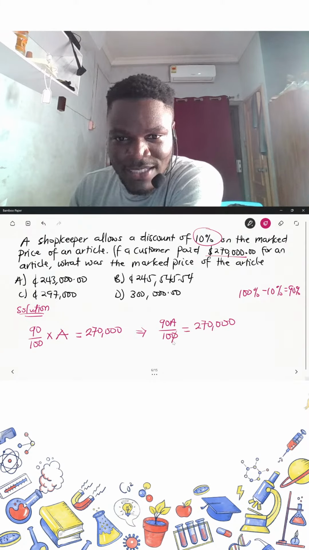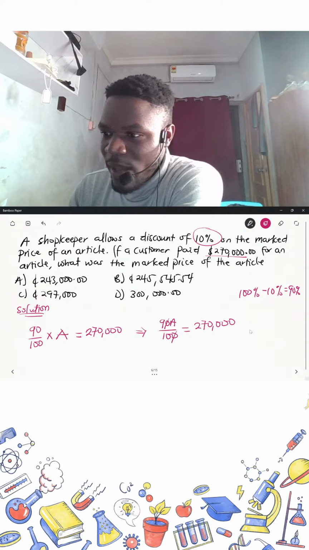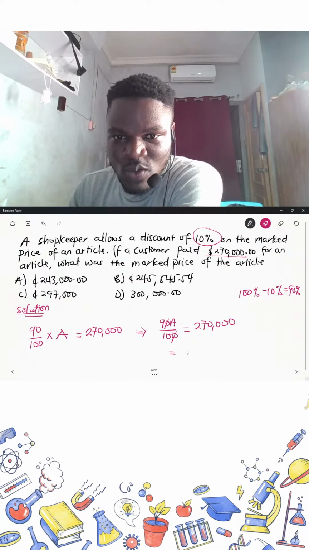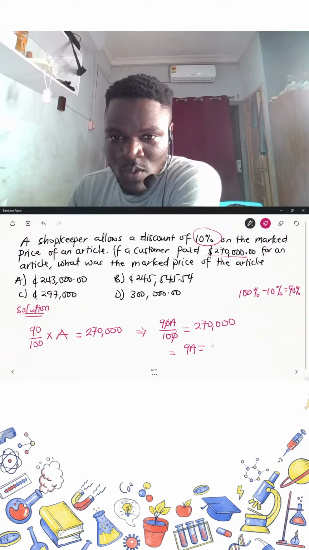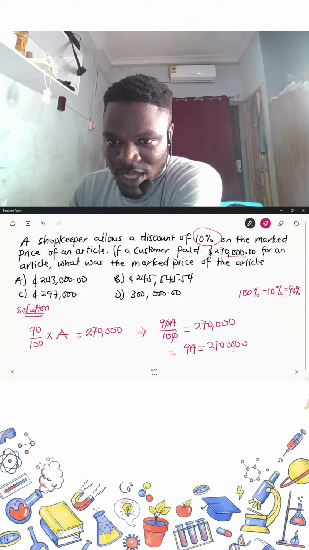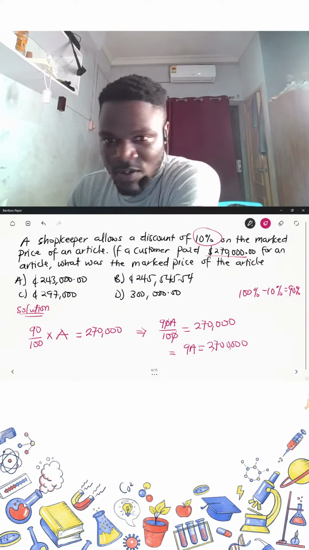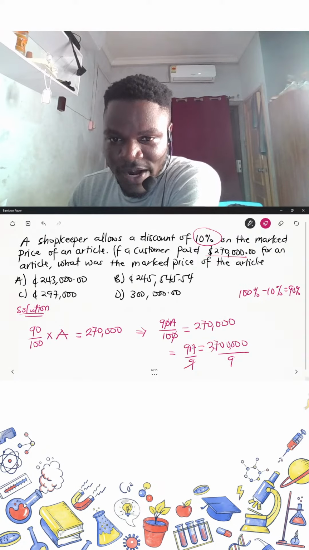Over here, I can cancel this 0 with the 0 over here, and then use this 10 to multiply what I have over here. So at the top, I now have 9A, equal to 27 with a 0 added, so that will become 2,700,000. So I divide both sides by 9 to find my original price.